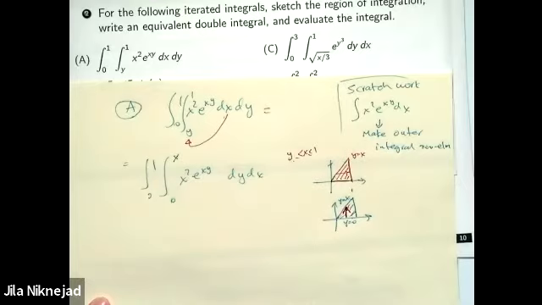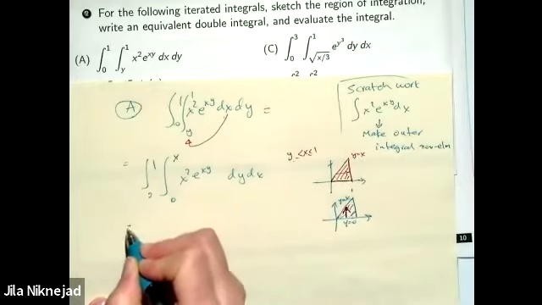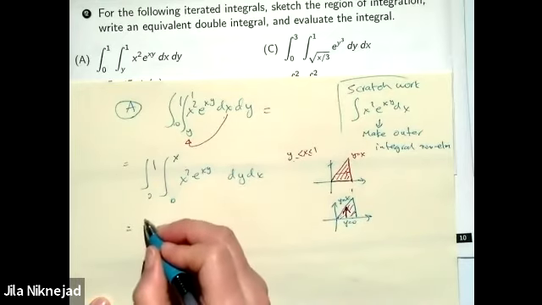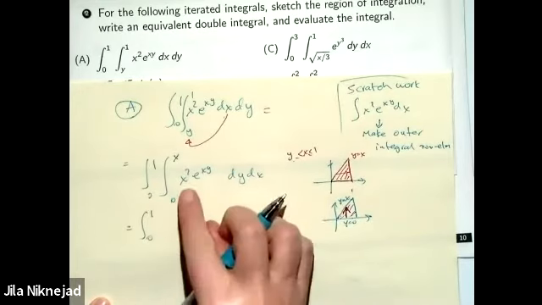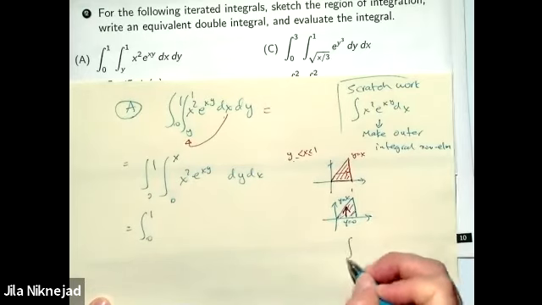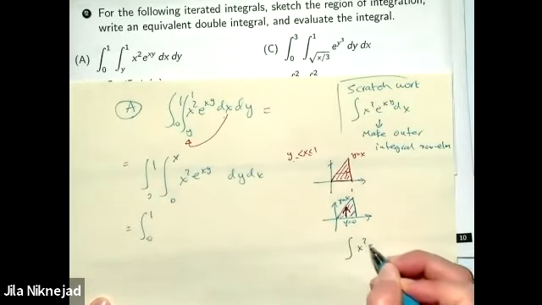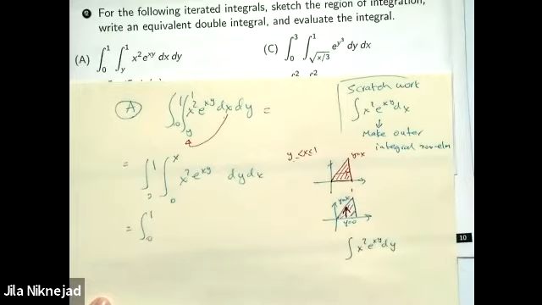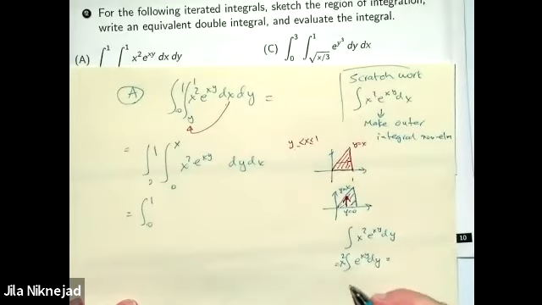Now let's see if this is going to solve our problem a little bit better. So what do I get? I get integral from 0 to 1, integral of x squared e to the power xy dy. What is this? x squared comes out because it's constant, e to the power xy dy. And x is a constant coefficient for y.